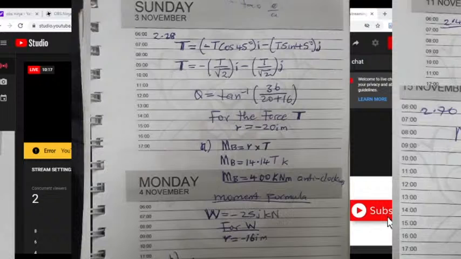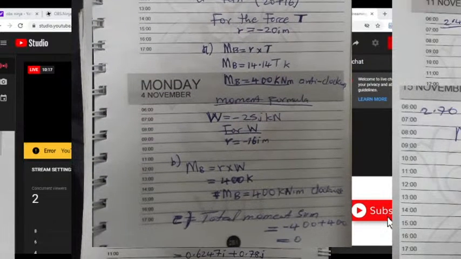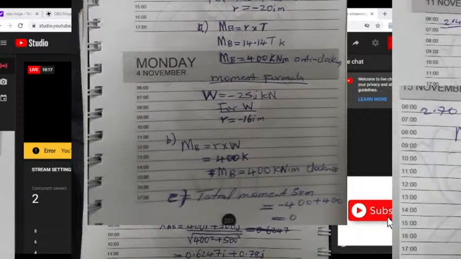Then what you're going to do, I wish I could be pointing at the textbook. Now we have W, which is the weight. It is pointing down, so that's why it is negative 25 kilonewton. That's why it has a negative.